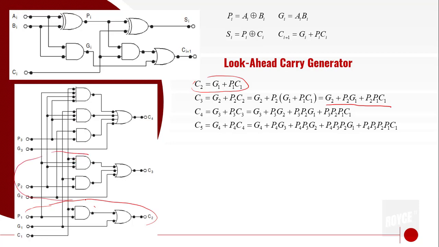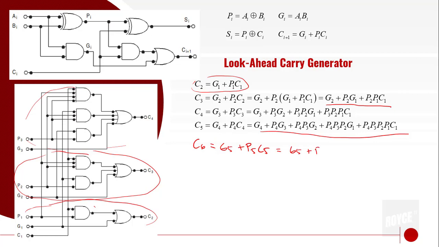Ito pala si C3. C4, hindi na lang nalagay si C5, but so on and so forth. So ito, pwede din natin to. C6, malalaman na natin yan. C6 pala is G5 plus P5 C5. Tama? But since C5 is this, lalagay lang natin yan dito.